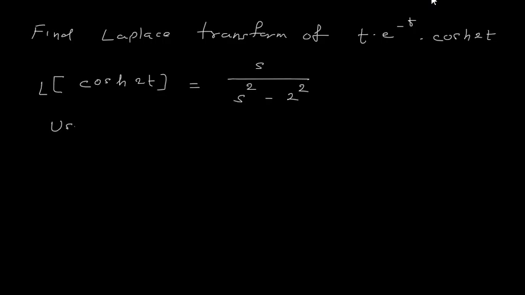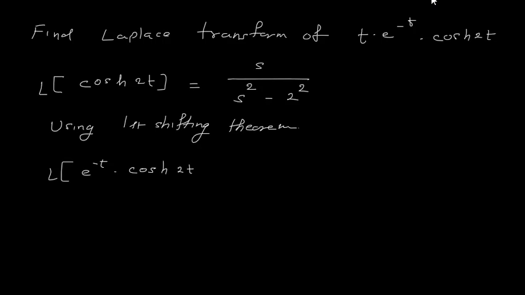Using the first shifting theorem, Laplace of e power minus t into cos hyperbolic 2t is equal to, applying the shifting theorem, wherever there is s I replace it with s plus 1. So it becomes s plus 1 upon (s plus 1) whole square minus 2 square, which is 4.